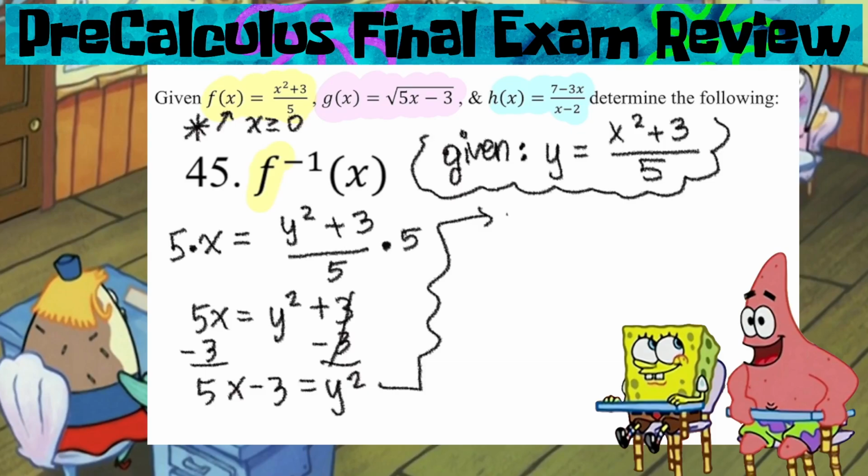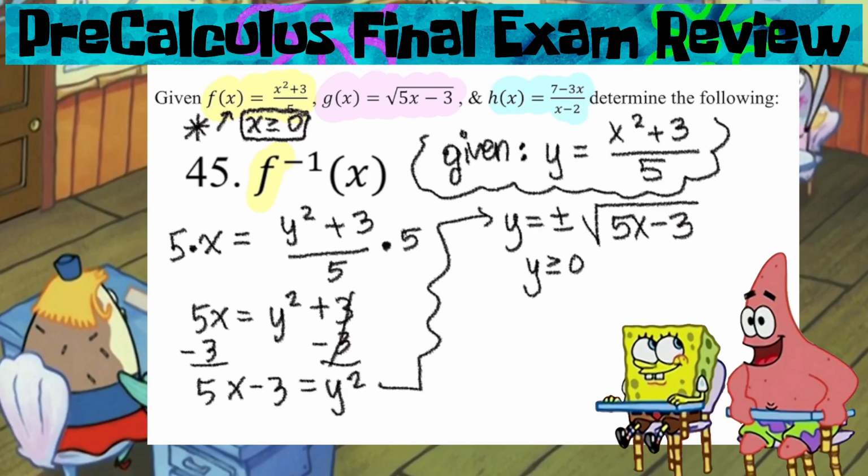I'm going to take the square root of both sides. Normally it's plus or minus, right? When you take the square root, I'm just moving which side it's on. The square root of 5x minus 3. However, since x was greater than or equal to 0, that would mean now y is greater than or equal to 0.